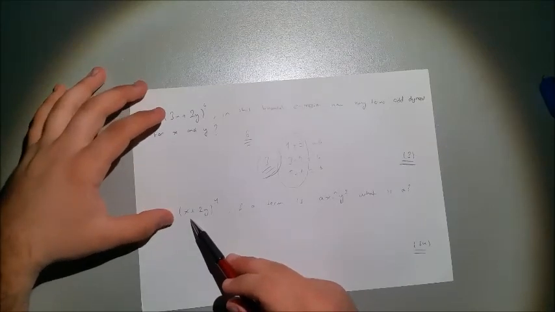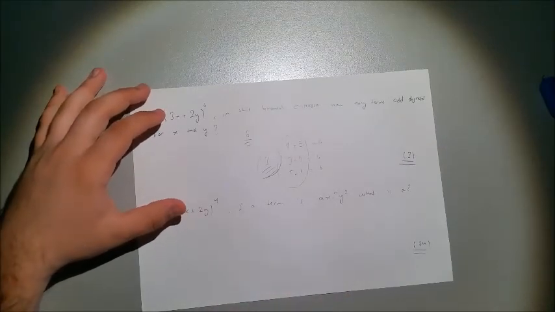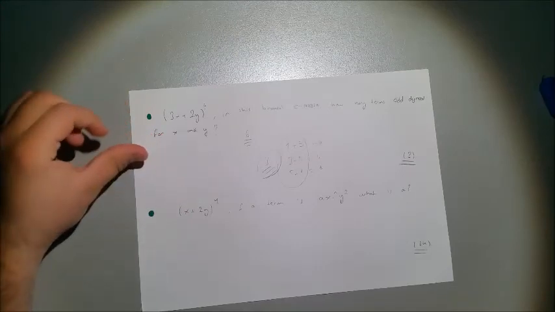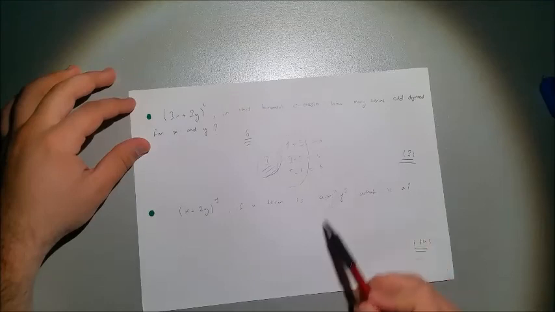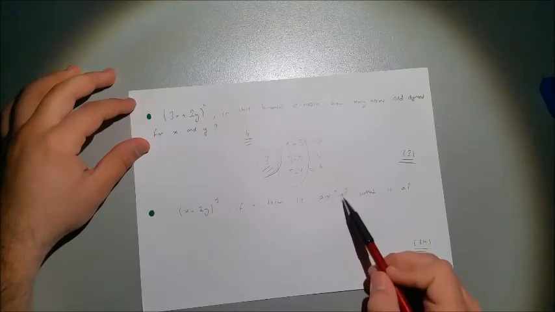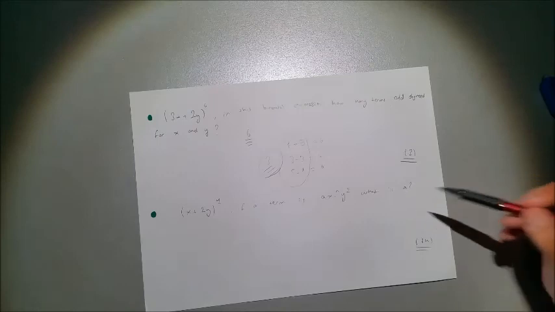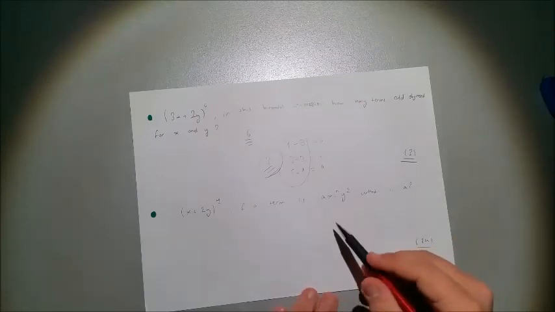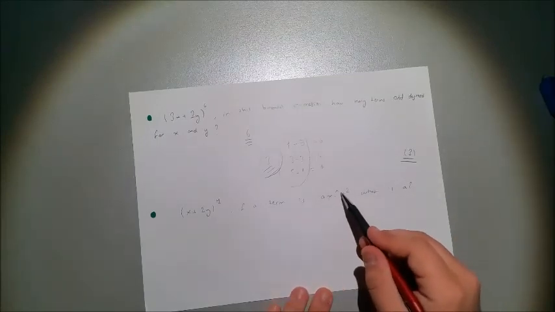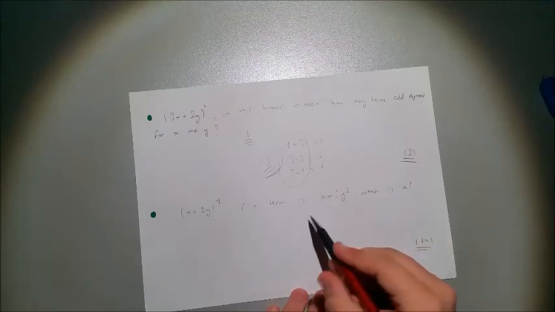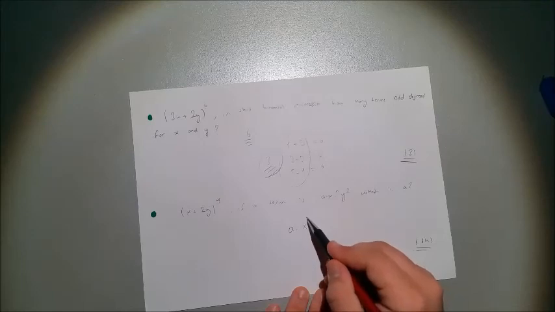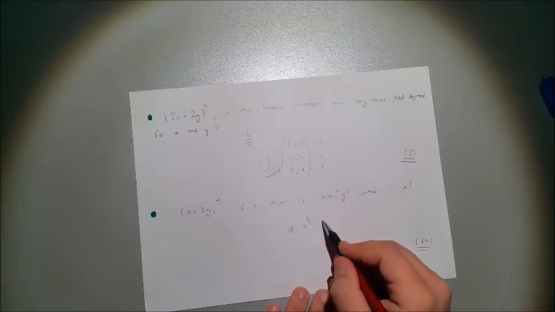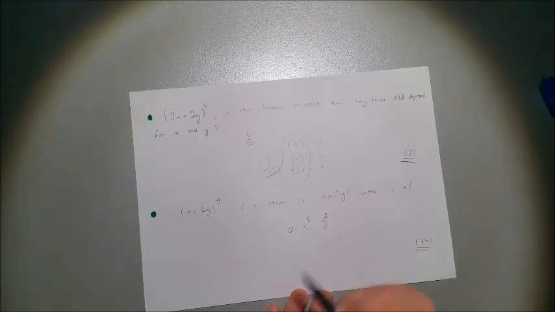And the other question, (x plus 2y) to the power of 7. If a term is a times x to the power of n times y squared, what is a? So if I look for n, I can say that it is a times x to the power of 5 times y squared.